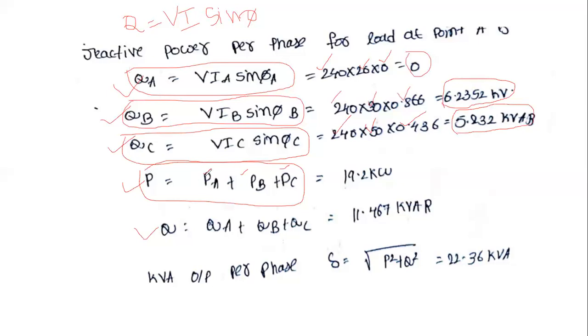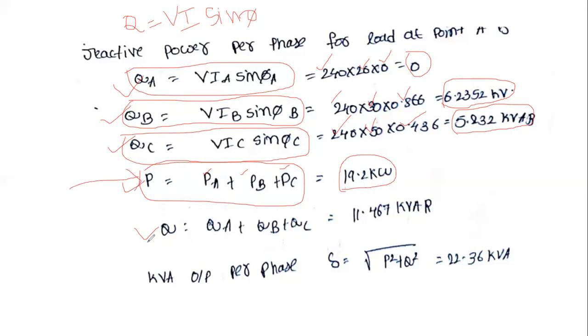How many loading points are there? We have 3 loading points: loading point A, loading point B and loading point C. By adding the active power at all 3 loading points, we obtain the total active power P, which is equal to 19.25 kilowatts. That is the second bit in the question.